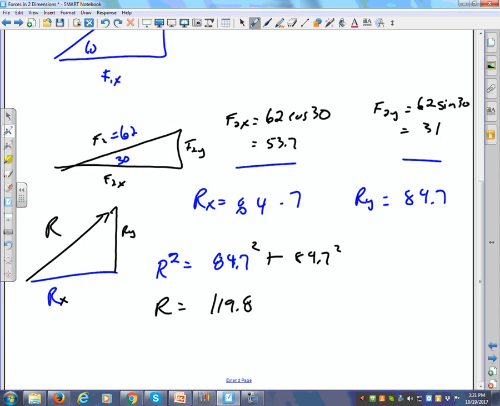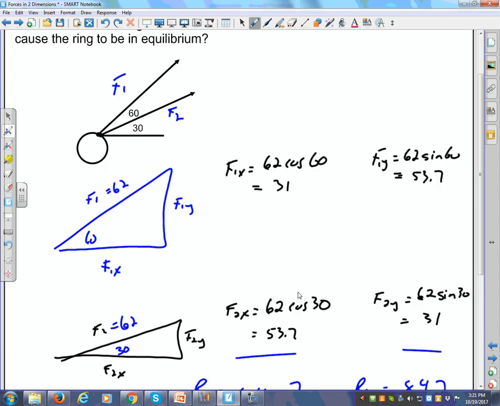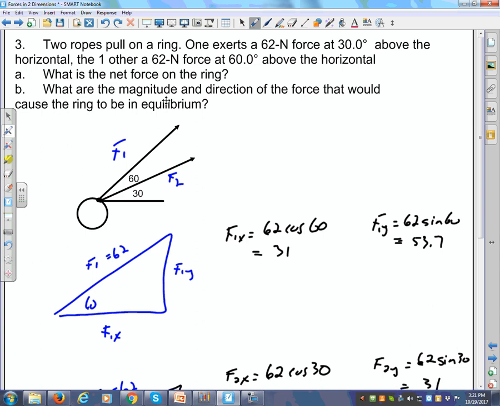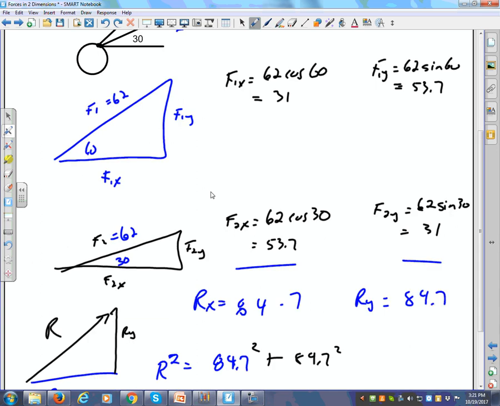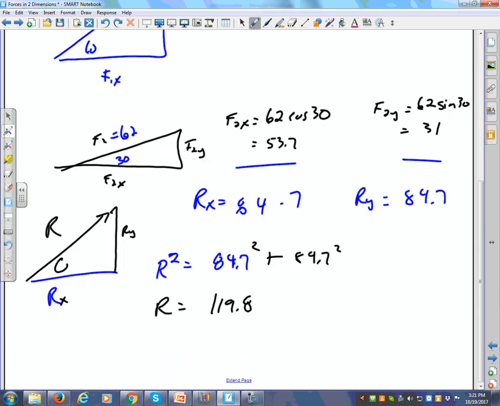Okay, now, we really do need a direction here, right? So then you need an angle. What's the angle going to be if both sides are the same, the x and y? What angle is it going to be if this is 84.7 and that's 84.7? 45. You shouldn't even have to do the math. If the x and y are equal, then the angle is 45.